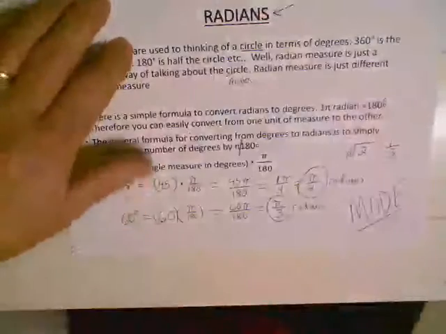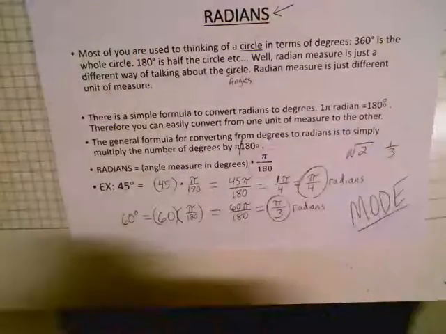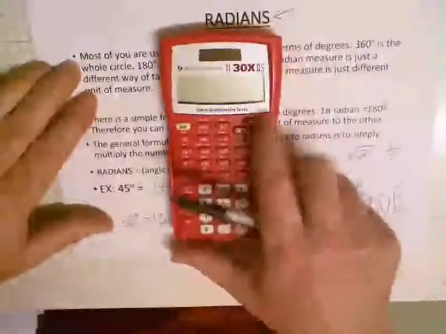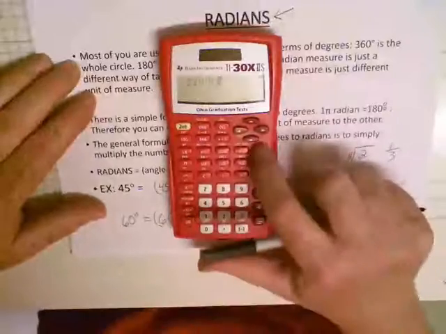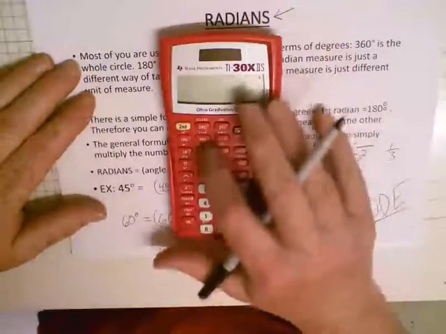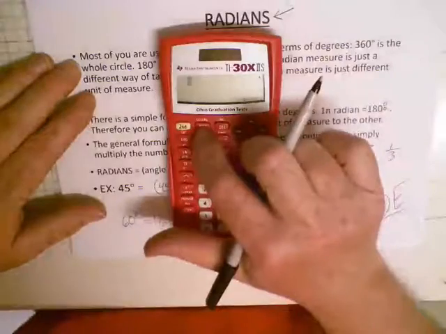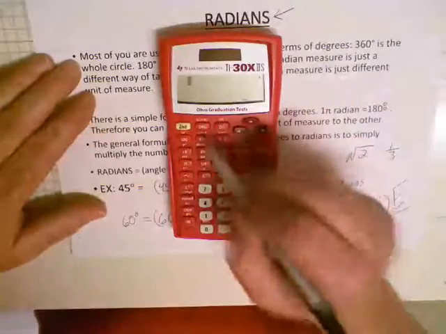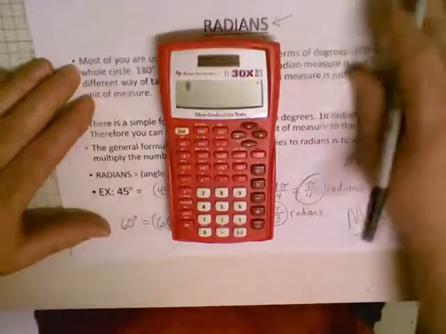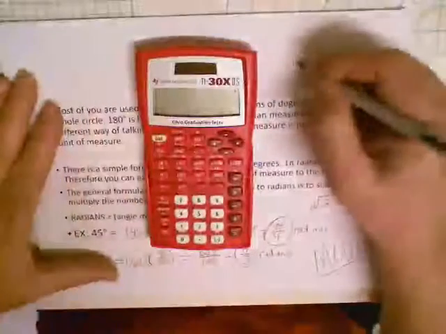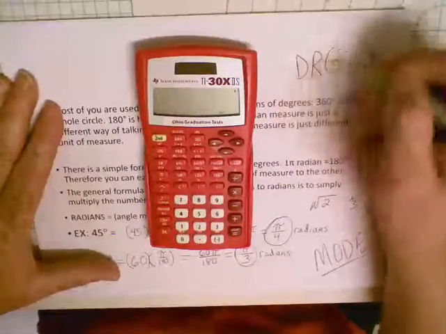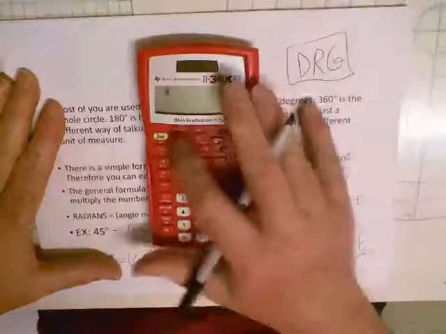If you have the other calculator, like the TI-30, clear that off. If you go into this top button right here, it says DRG. That DRG button is right under the screen.